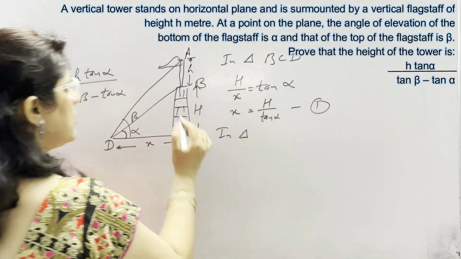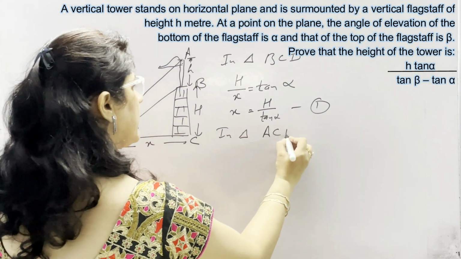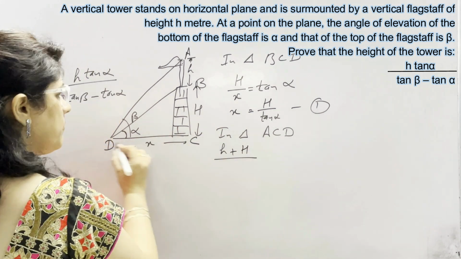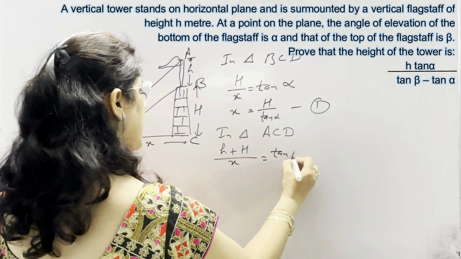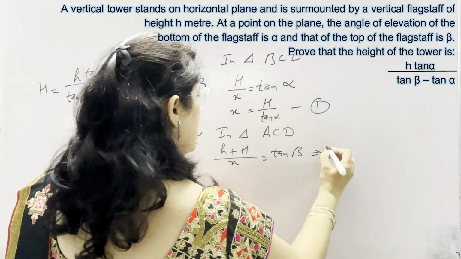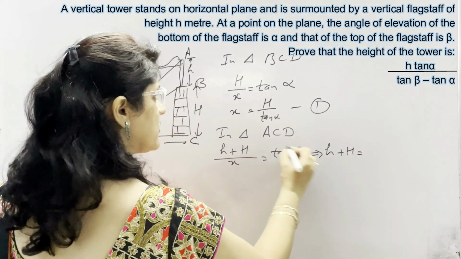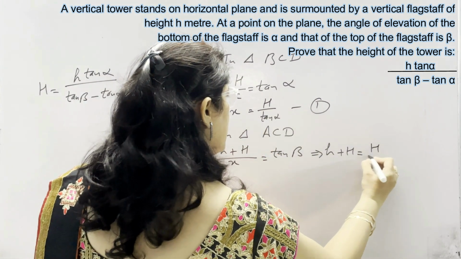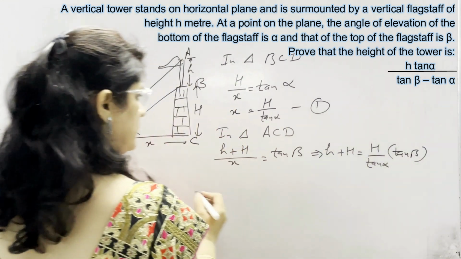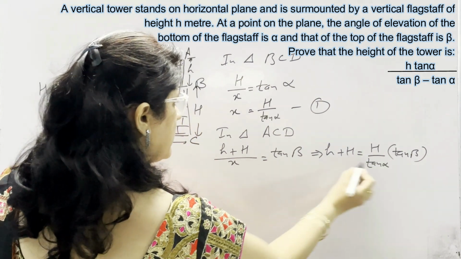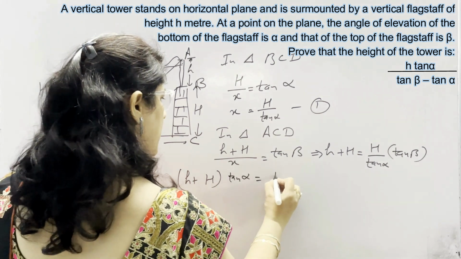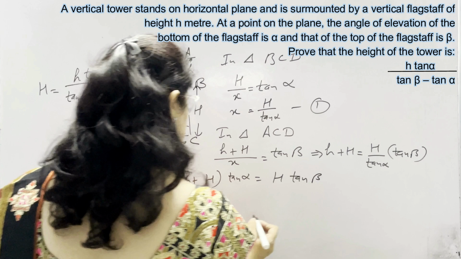Now in the next triangle ACD, H plus h is our perpendicular and the base is X, and the angle is beta. Now we can replace this X with its value. So H plus h is equal to X tan beta, and instead of X we write H upon tan alpha into tan beta. Now tan alpha comes to this side: H plus h times tan alpha is equal to H tan beta. Opening the bracket, H tan alpha plus h tan alpha is equal to H tan beta.